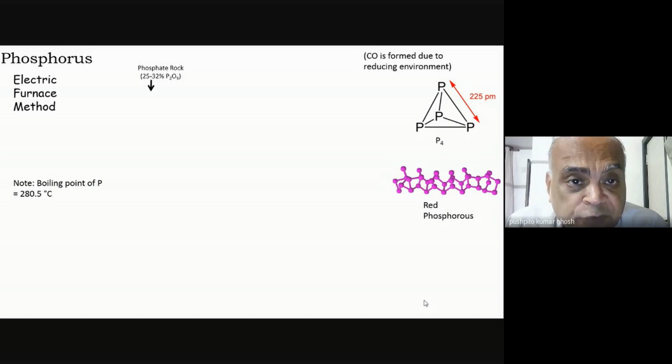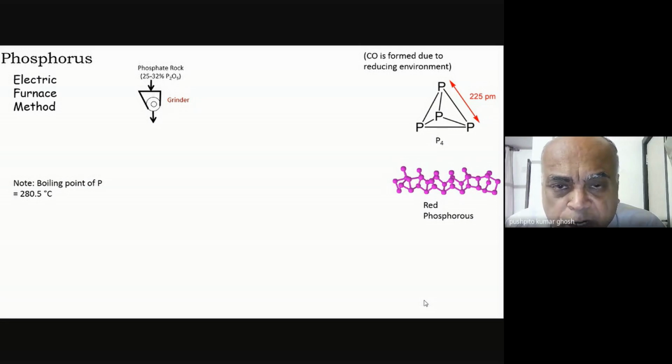So you are taking phosphate rock, which in India has about 30% of P2O5, or you might import it, and then you grind it up as you have to do for making phosphoric acid also. You grind it up.